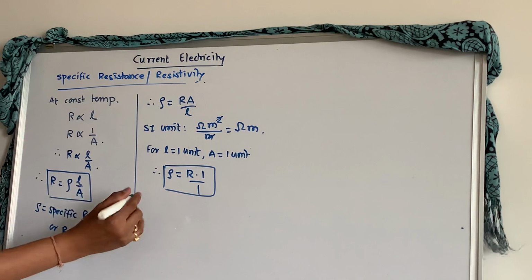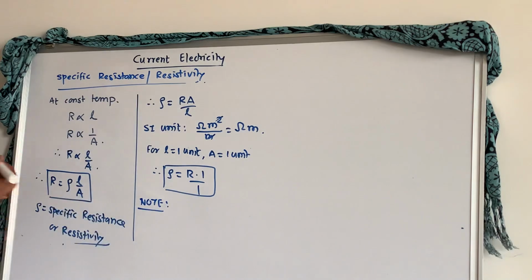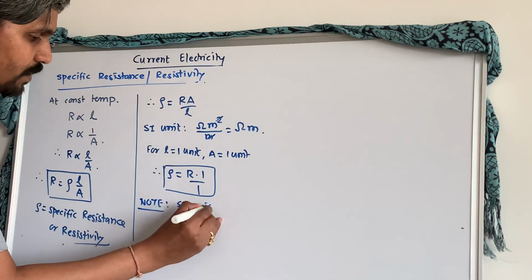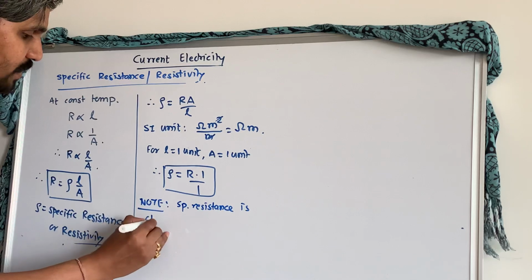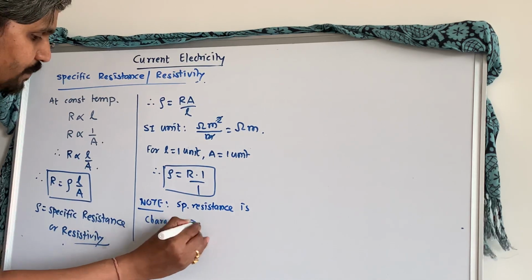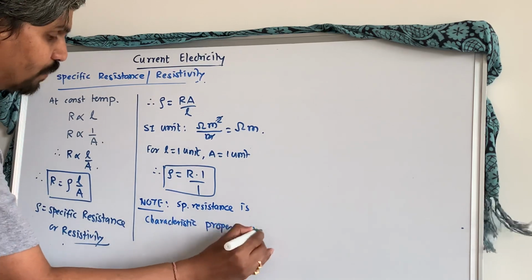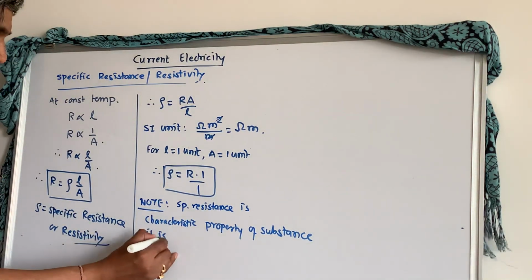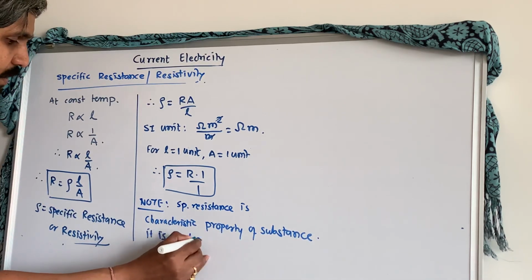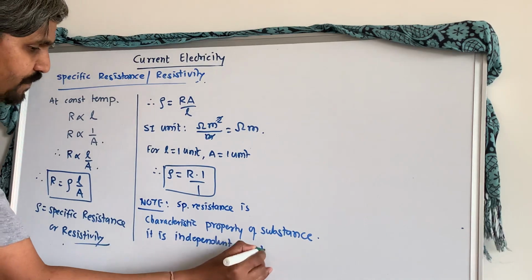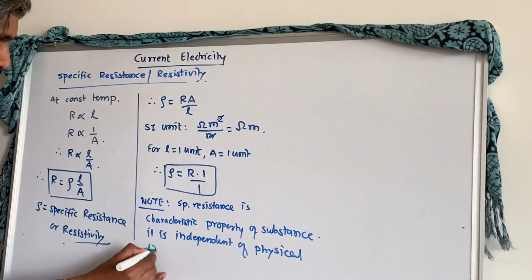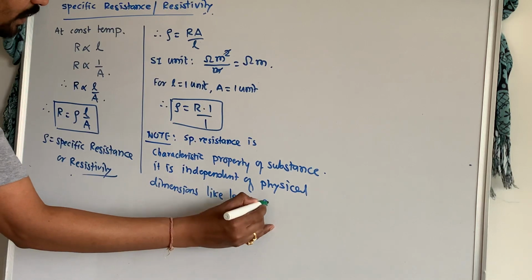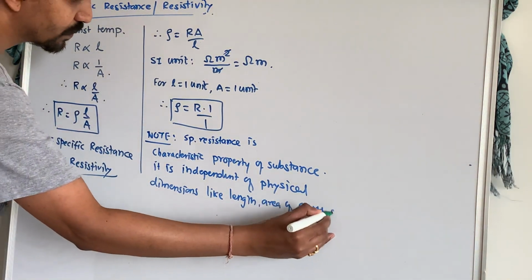Now here I will write one note. The note says: specific resistance or resistivity is a characteristic property of a substance.